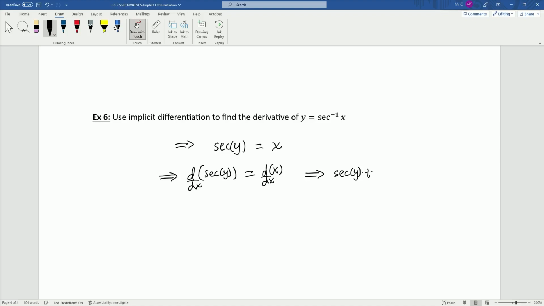But we're taking the derivative with respect to x here, so we've got to apply the chain rule, which gives us a dy/dx equals, and the derivative of x is just 1. So if I divide by secant y tangent y, I get dy/dx equals 1 over secant of y tangent of y.